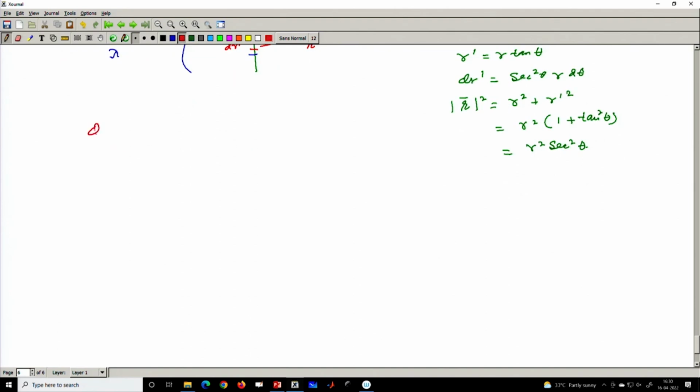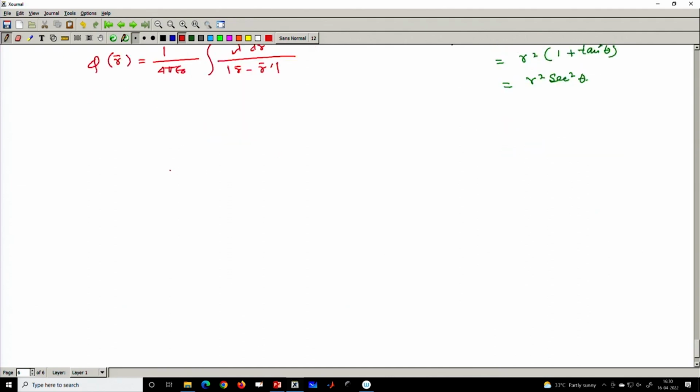So, now what is my phi at point r? This is 1 by 4 pi epsilon 0 and then the integration of lambda dr prime over mod of r minus r prime.